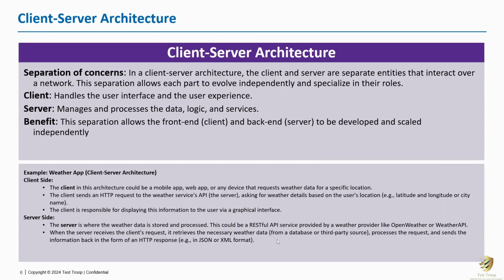It stores the data in the database, or it uses another third party service to retrieve this data, and then it processes the data, puts it in a format that the client expects, and sends it back to the client. In this way, the server side functionalities are completely independent from the client side functionality. This is what the client-server architecture defines.